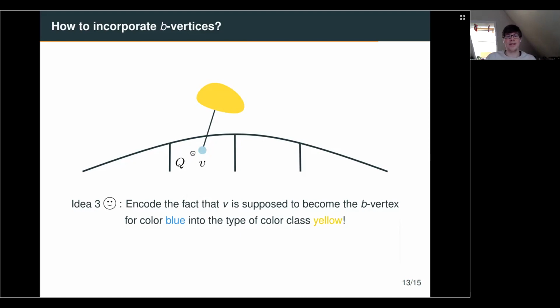Right, so in particular, we can store at this point that color class yellow still needs to contain a vertex from the neighborhood of Q in order for V to become a B vertex of color blue.